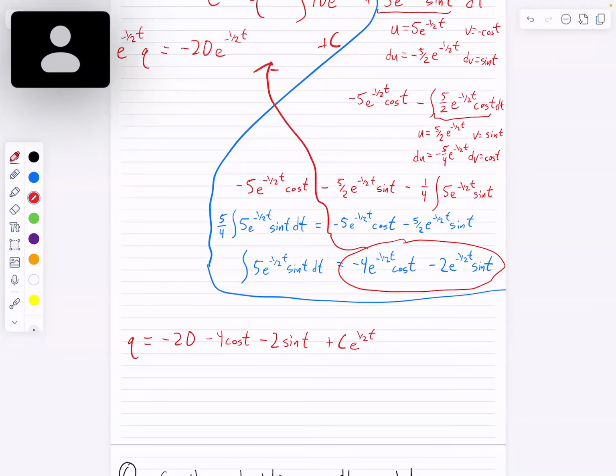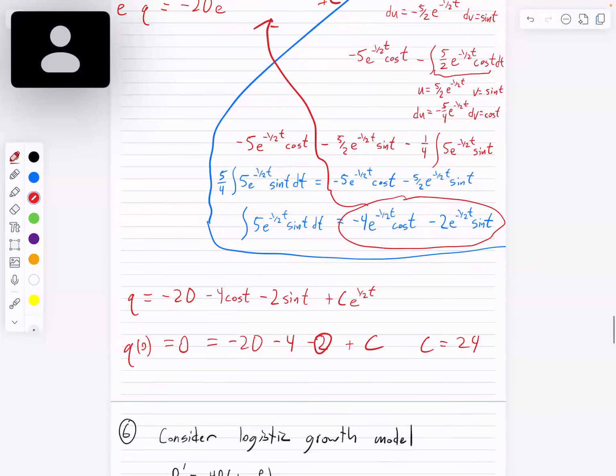Oh man, that is a doozy of a problem. And so I want to plug in the initial condition that q of 0 equals 0 equals negative 20 minus 4 minus 2, 0, that's a 0, plus c. So it looks like c is going to be 24.